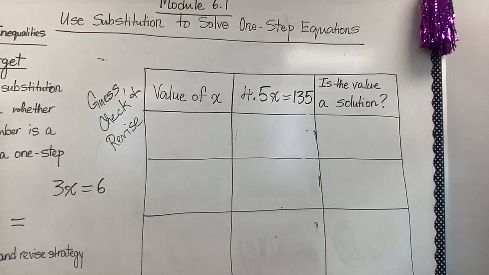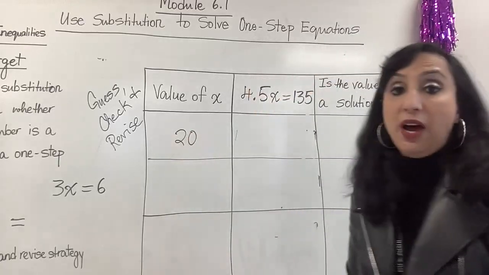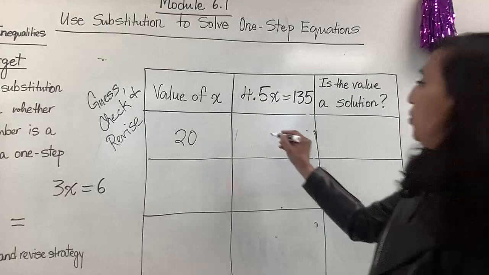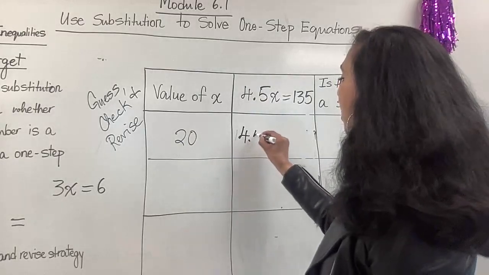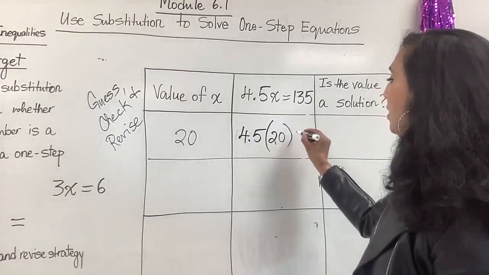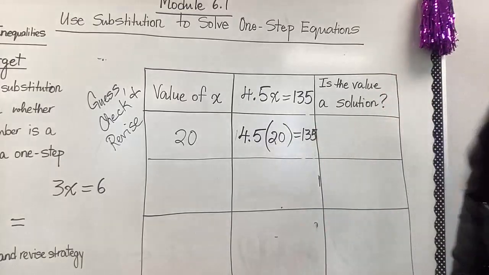And so what I'm going to do is, let's try the value of x to be 20. So let's see what happens if I put 20 in there. So instead of x, I'm going to do 4 and 5/10 times 20. Is that going to give me 135?